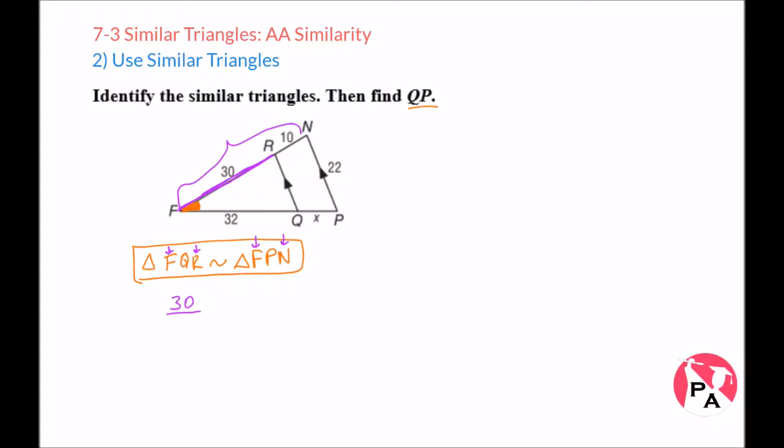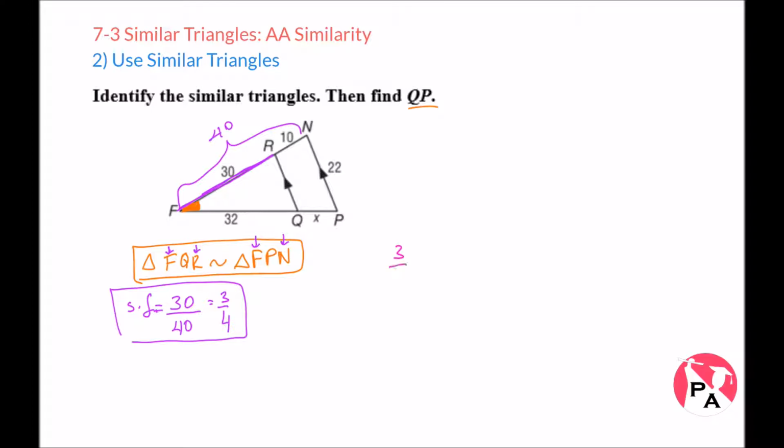FN is this side right here, 30 plus 10, or we can say 40. So 30/40 is the scale factor, which, if we divide each number by 10, we get 3/4. So this is the scale factor. Now we are going to use this scale factor to solve the question.